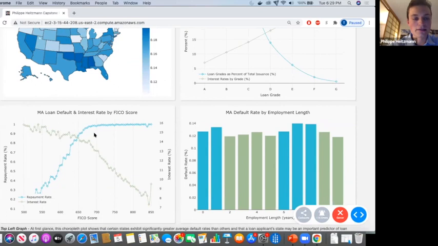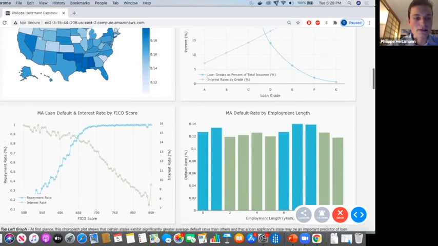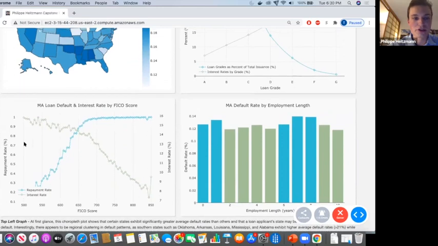But the left bottommost graph here is also very interesting because it shows the relationship between repayment rate for different loan applicants versus their FICO score, and different interest rates charged by applicant FICO score.